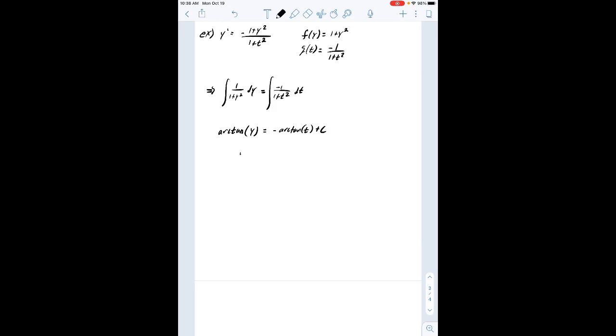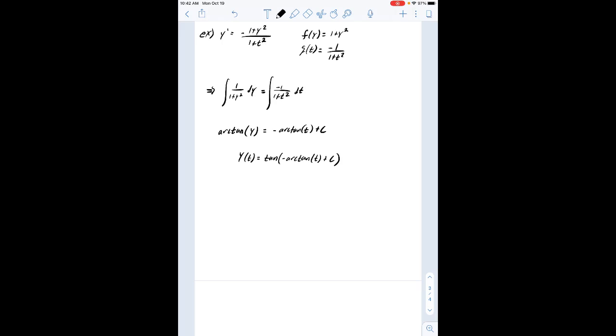So then we have y as a function of t is equal to tangent of the negative arctangent of t plus a constant.